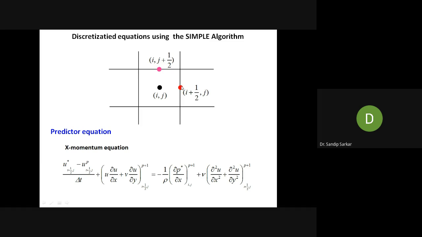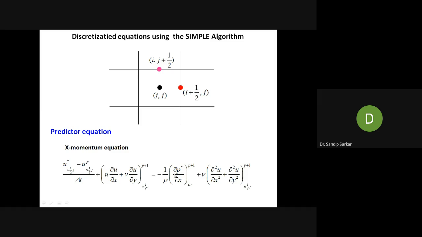Since it is a u momentum or x momentum equation, and we are discretizing at the u grid point, we need to discretize at i plus half j. So u star i plus half j minus u p i plus half j by delta t plus u del u del x plus v del u del y at i plus half j equals minus 1 by rho del p star del x at p plus 1.